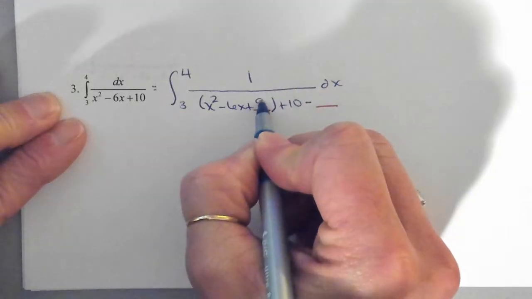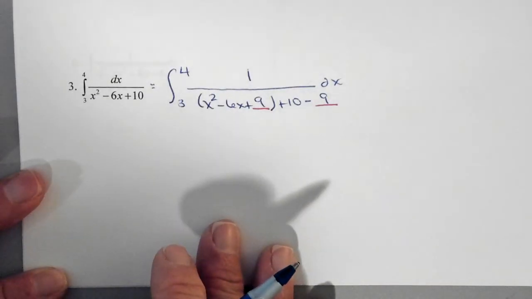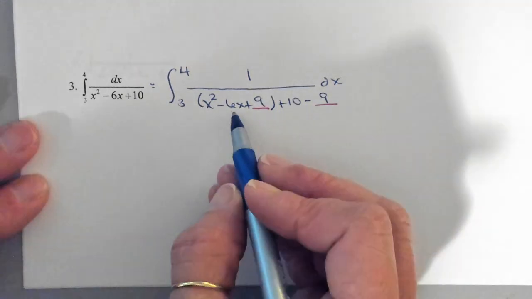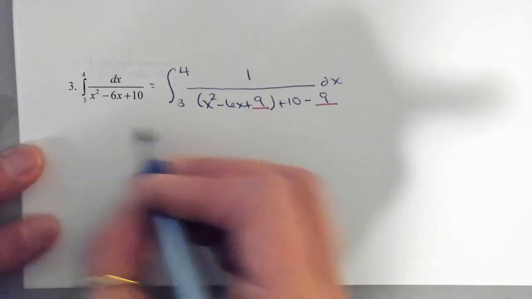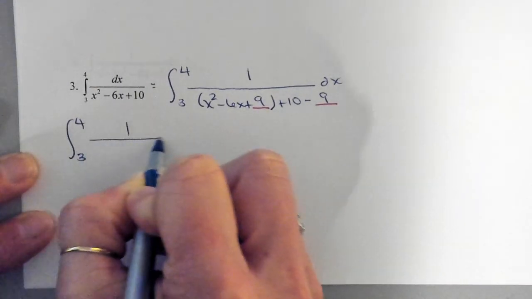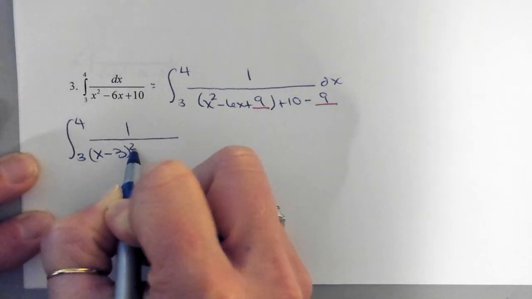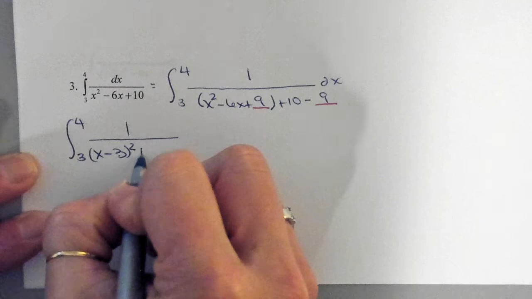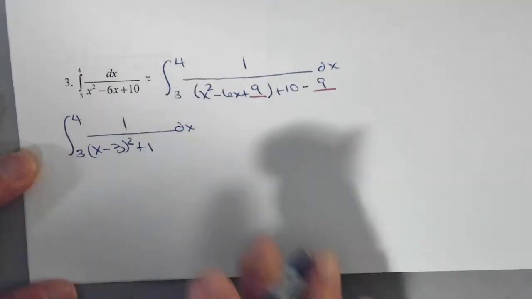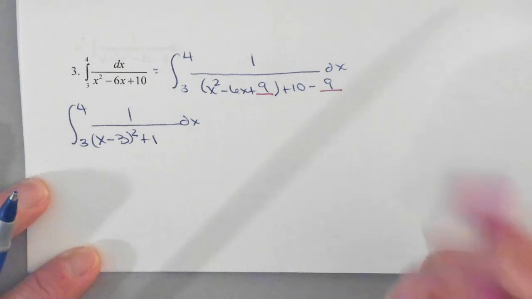Yeah, a 9. Is there anyone that doesn't see where that 9 comes from? So now I'm going to factor this. You've got the integral from 3 to 4 of 1 over x minus 3, the quantity squared. And luckily for us, this becomes plus 1 dx. We're going to make our u sub.